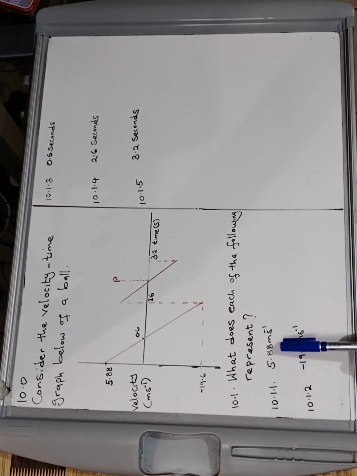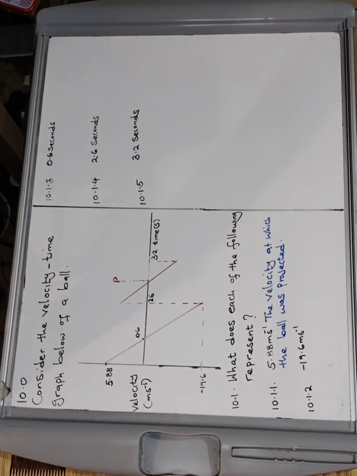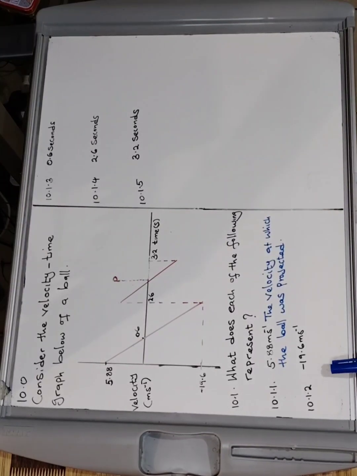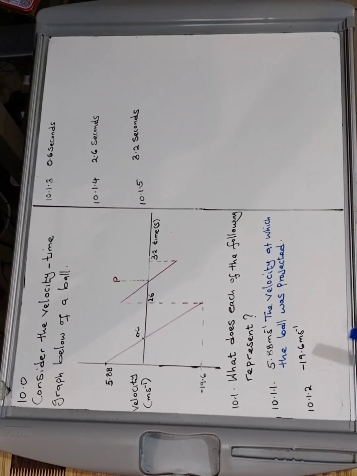What does 5.88 meters per second represent? It represents the velocity at which the ball was projected. Then minus 19.6 meters per second, what does it represent? It represents the velocity at which the ball strikes the ground.